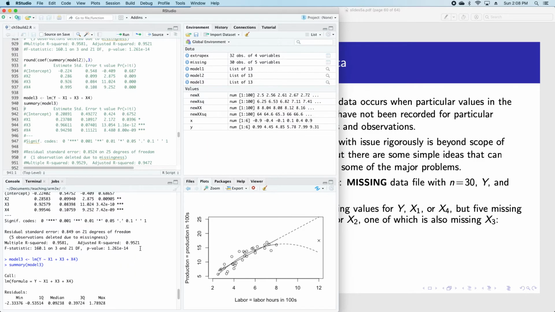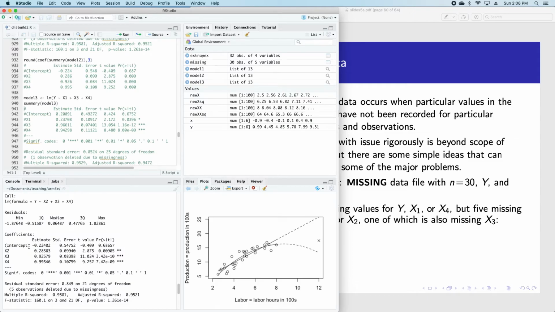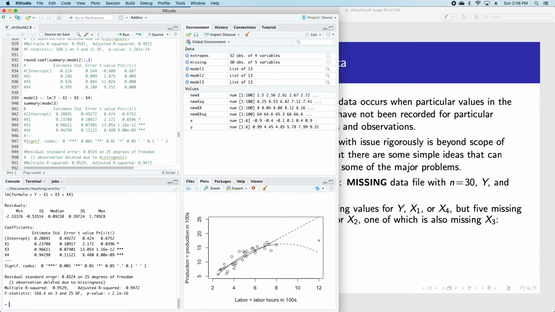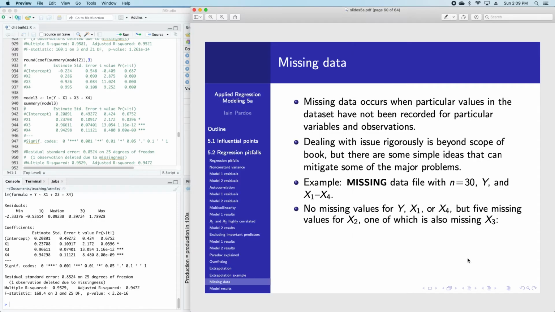So from that perspective, model 2 does look better than model 3, but it applies to much less of the sample. So from that perspective, we might actually favor model 3 in this case.